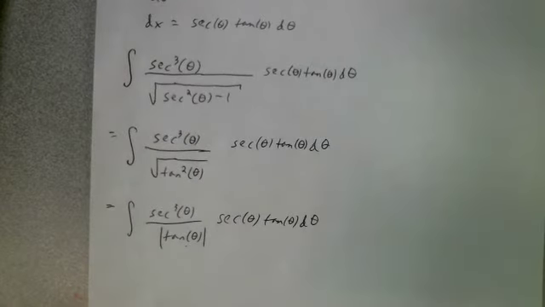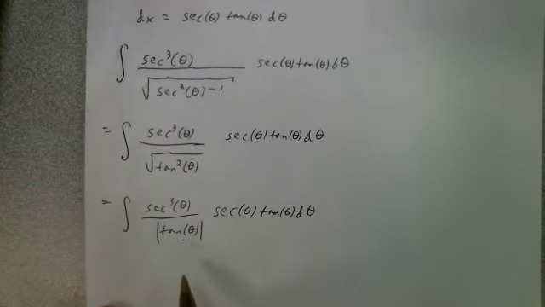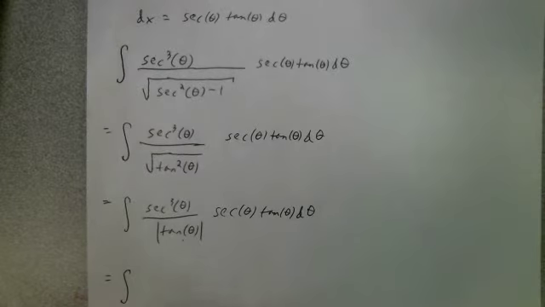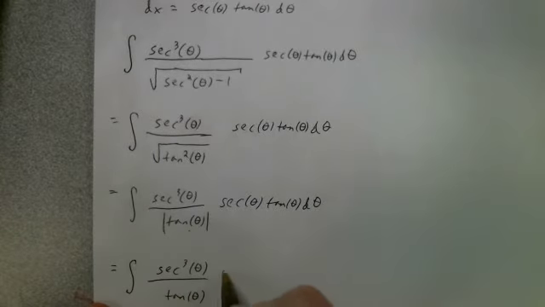Well, wait a minute. That means those absolute value bars aren't doing anything. If tangent's positive anyway, then the absolute value of tangent's just plain old tangent. So again, I can just drop those absolute value bars. And I'm left with this. Now I can cross off the tangents.